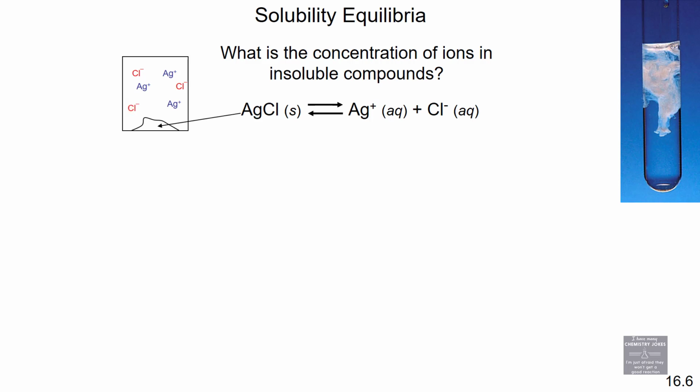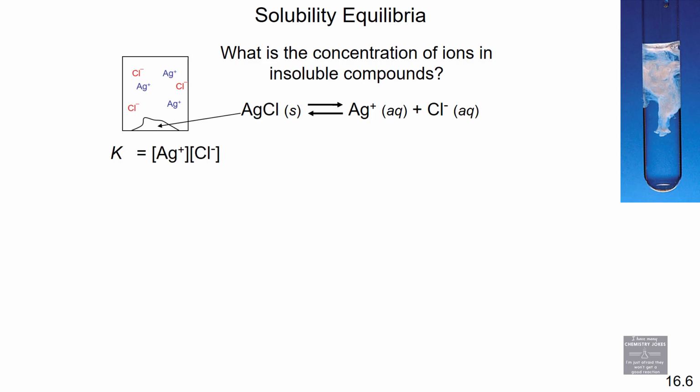Okay. If we write the K expression for this reaction, the K expression would be the concentration of Ag plus times the concentration of Cl minus divided by AgCl. No, divided by AgCl, because AgCl is a solid and solids don't show up in K values. So there's my K thing.